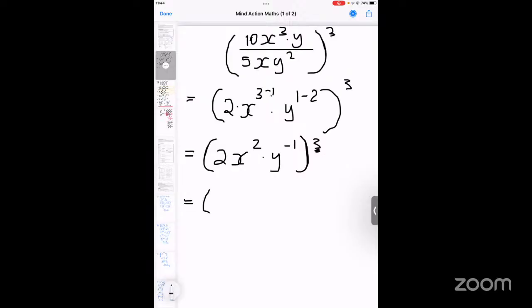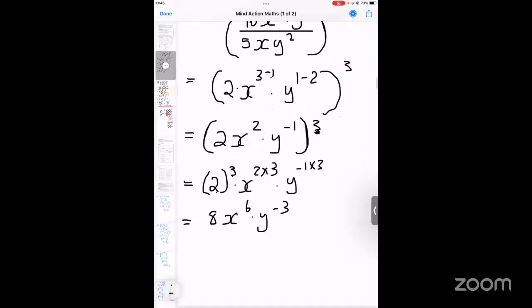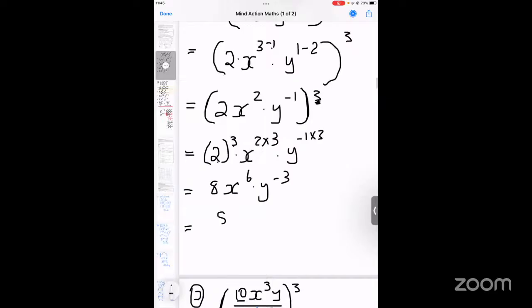So now you have that 2 to the 3, and then you have x to the 2 that you multiply by 3. You have 1 negative that you multiply by 3. Then what is that to the that? It is definitely 8x to the 6, and this one is y to the negative 3, which means you have 8x to the 6 divided by y to the positive 3.